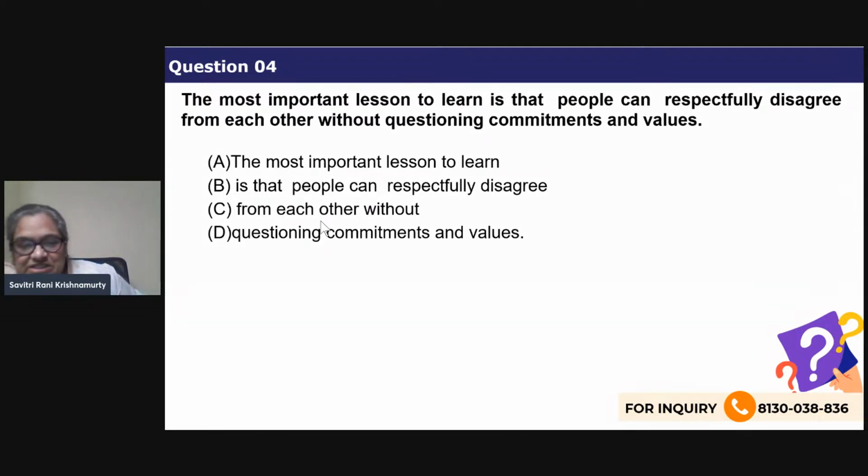Okay, so which part of the sentence has the error? You've got the answer right. Which part of the sentence? All right, yes, most of you got that right. Excellent.